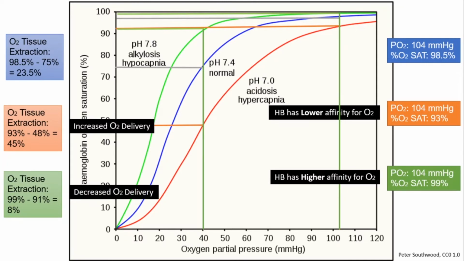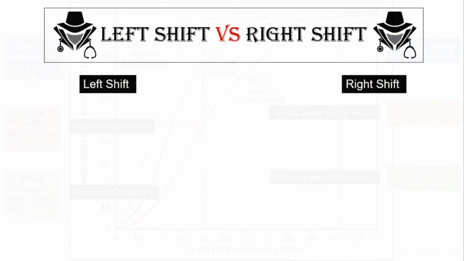To sum up this slide, the right shift, which is resembled by the orange curve, we have seen that the hemoglobin has a lower affinity for oxygen and increased oxygen delivery. On the other hand, the left shift resembled by the green curve, the hemoglobin had a higher affinity for oxygen and decreased oxygen delivery.